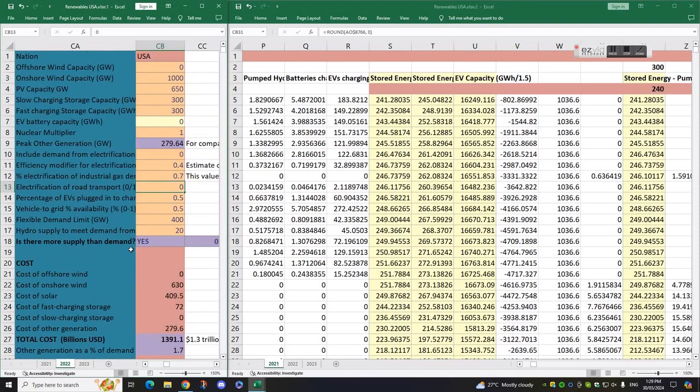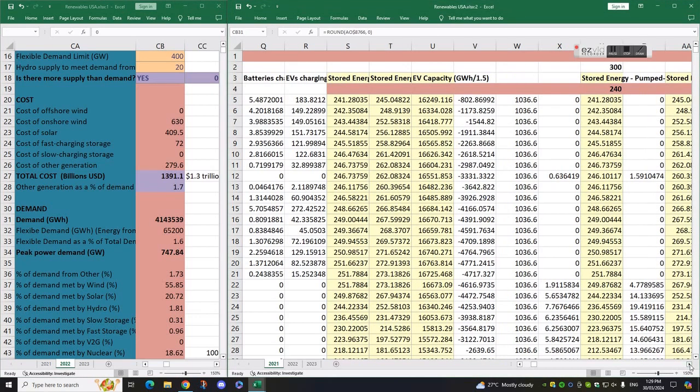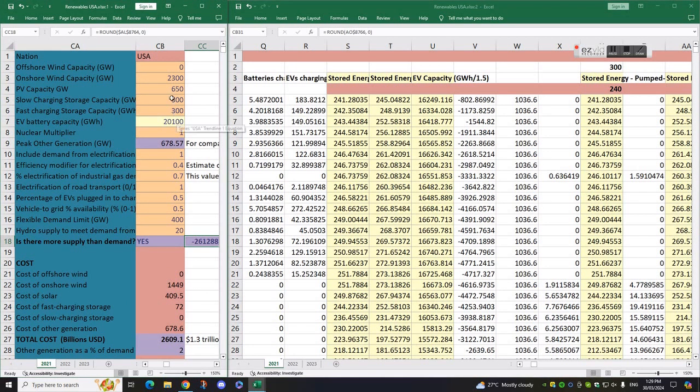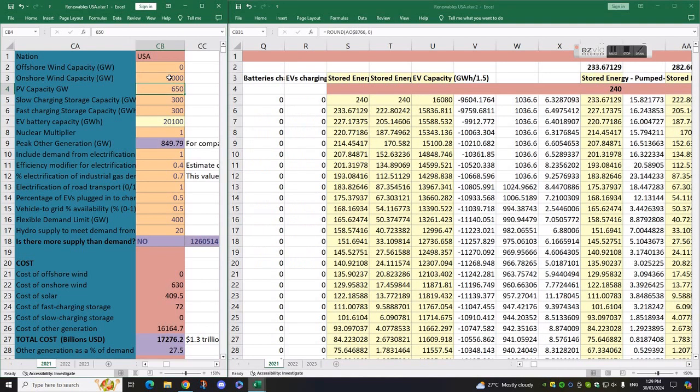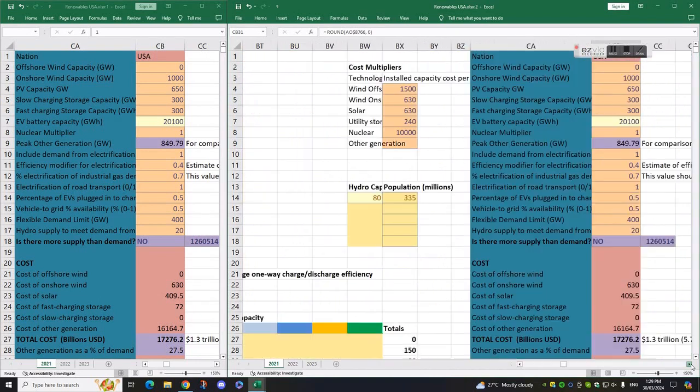4.14 million gigawatt hours for the year, and we can see that I have this on the wrong setting, sorry. Okay, if we change it here, working with the 2021 year, so the demand here was currently, I'll put it up on the screen.